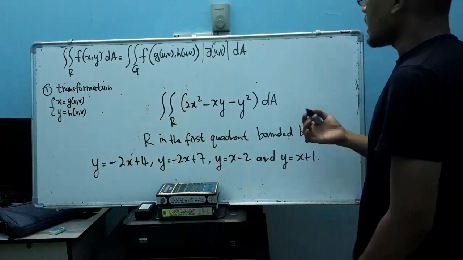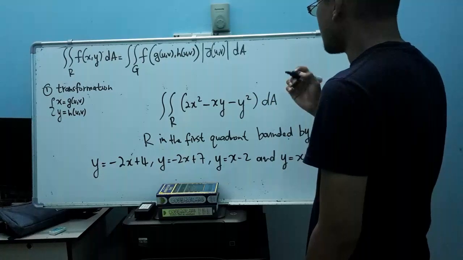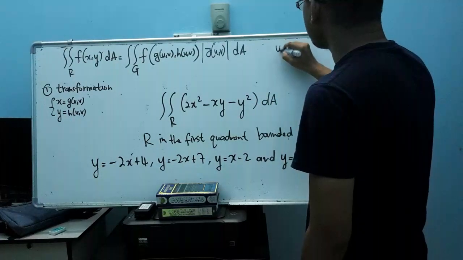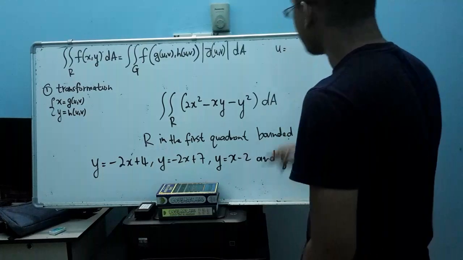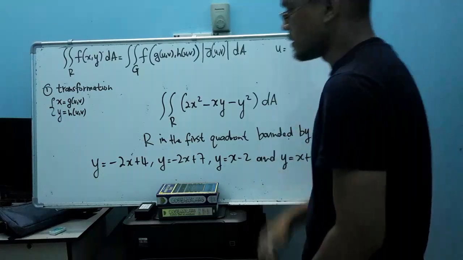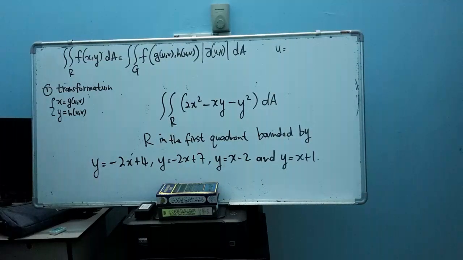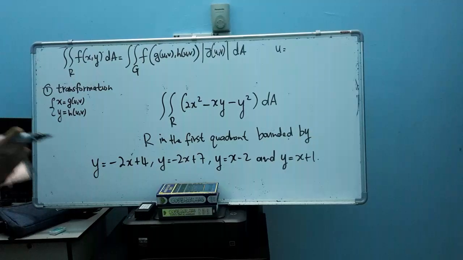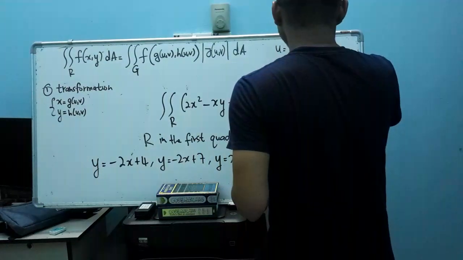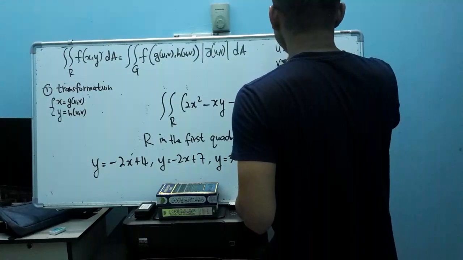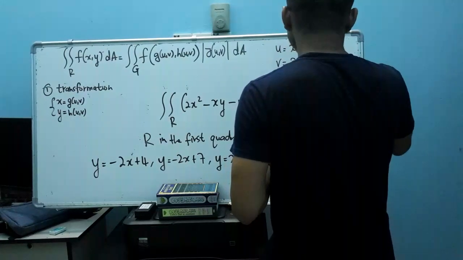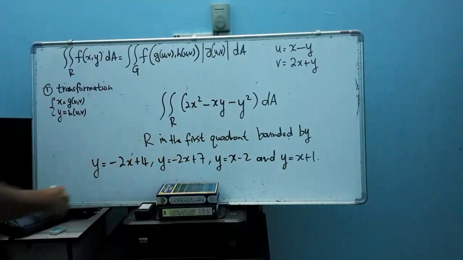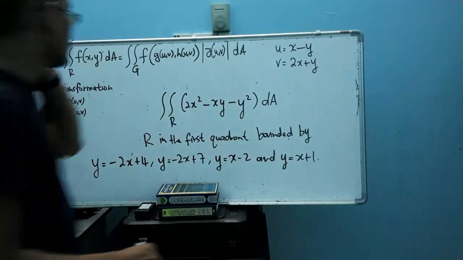It is already given in this example that u is equal to x minus y, and v is equal to 2x plus y.